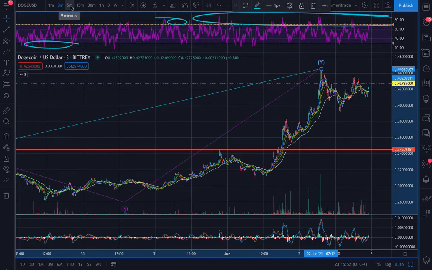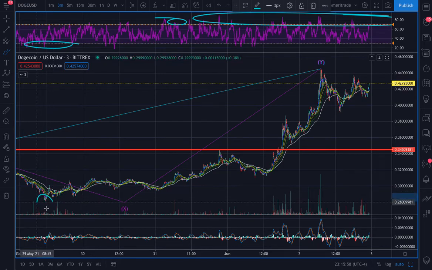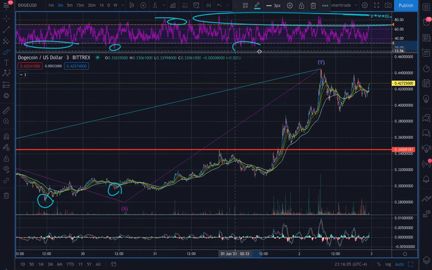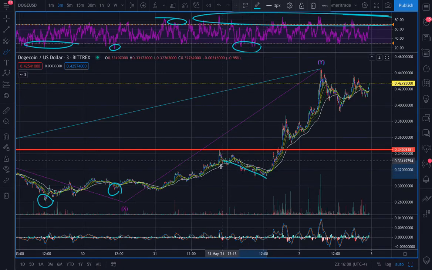Here's the 3-minute. You can see where it went down below. Right there. Right here again. Right here it went down several times, each time it poked down.